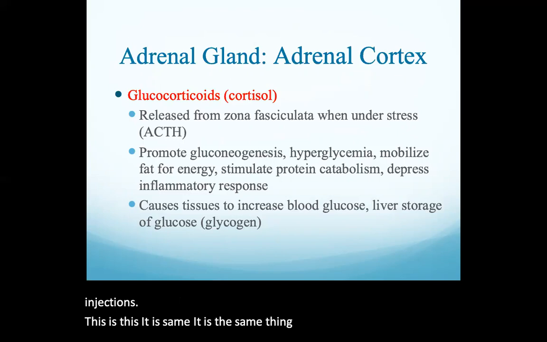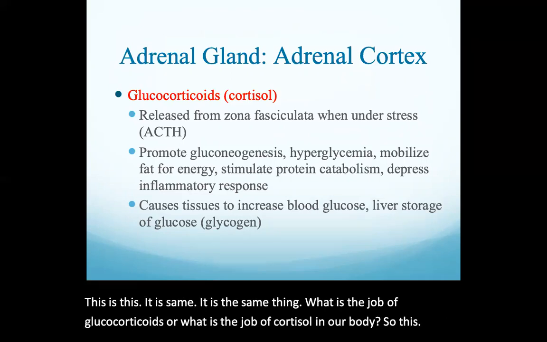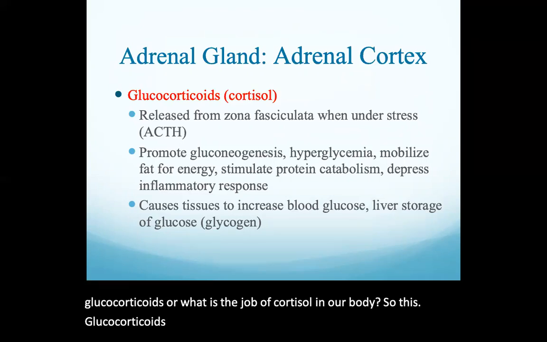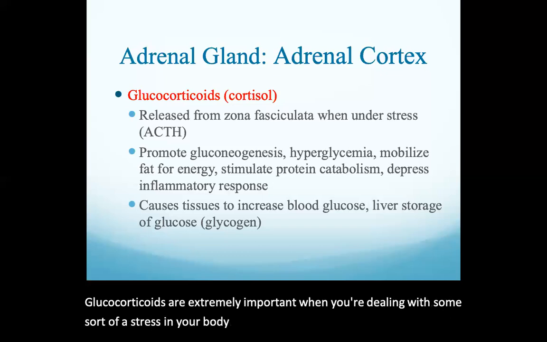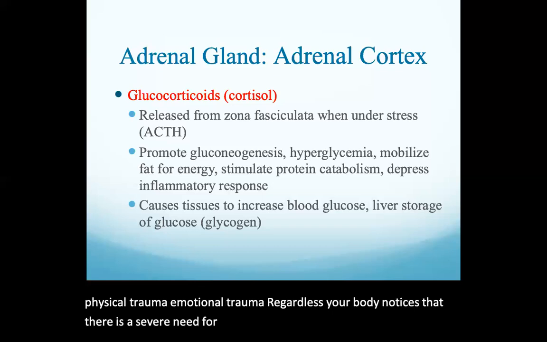What is the job of glucocorticoids? Or what is the job of cortisol in our body? So these glucocorticoids are extremely important when you're dealing with some sort of stress in your body. Again, it could be as a result of infection, a physical trauma, or emotional trauma. Regardless, your body notices that there is a severe need for you to deal with something.